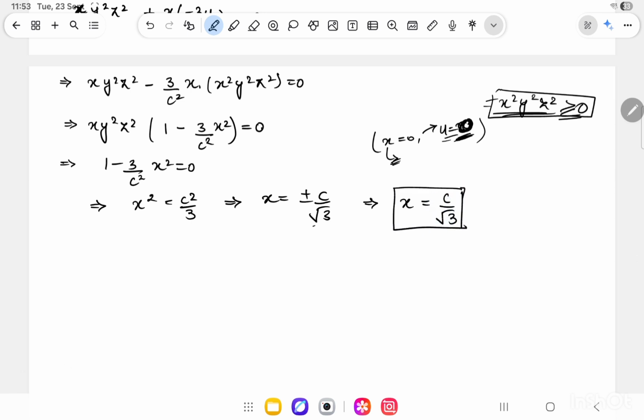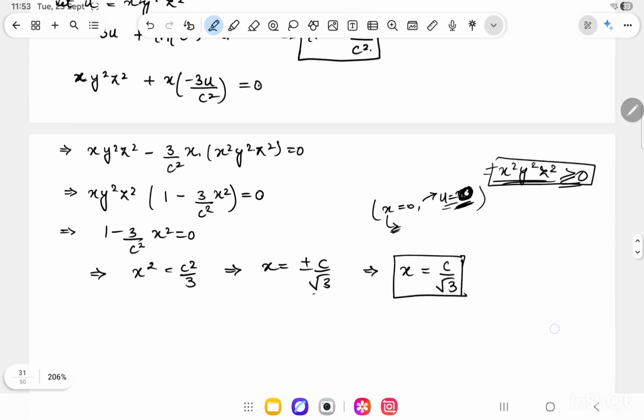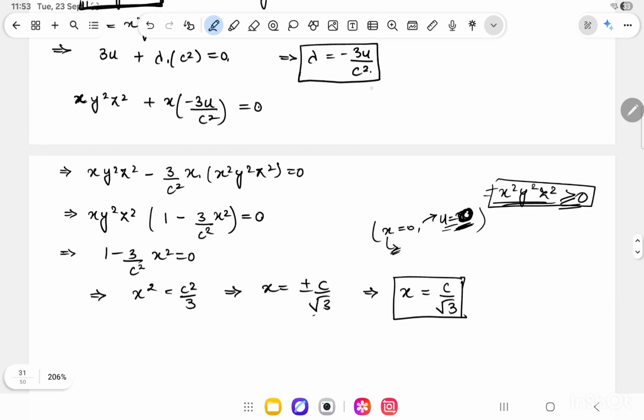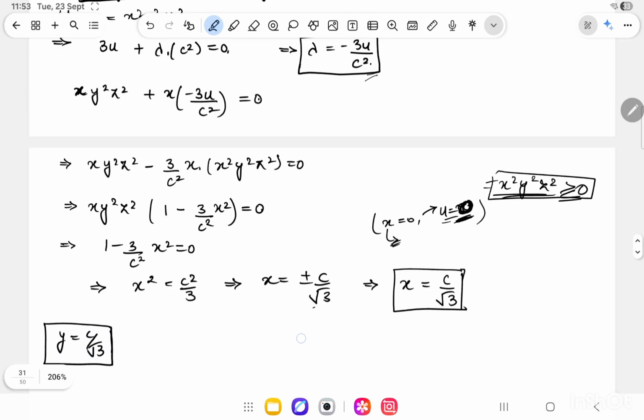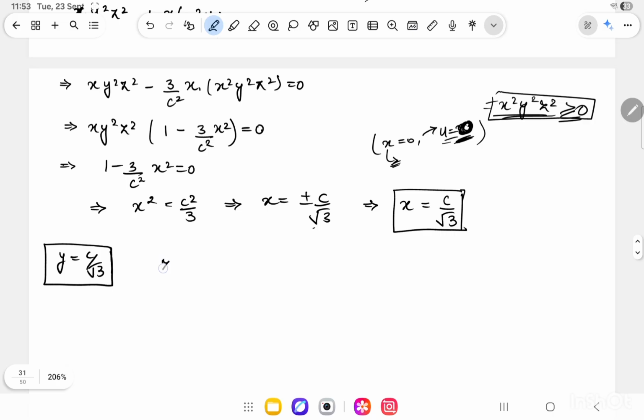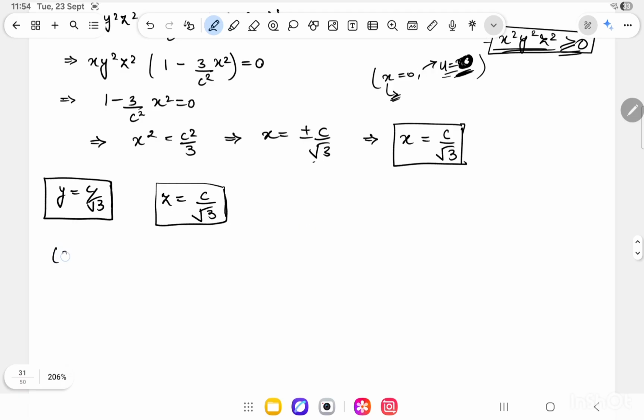Likewise, if I substitute this value of lambda in equation 2, I'll get my y as c by root 3, and if I substitute it in equation 3, I'll get my z as c by root 3 again. So I got my x, y and z as c by root 3, c by root 3 and c by root 3.